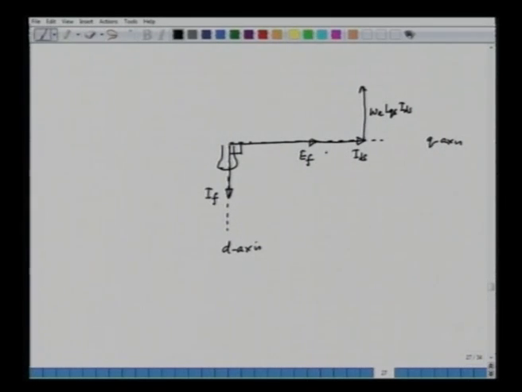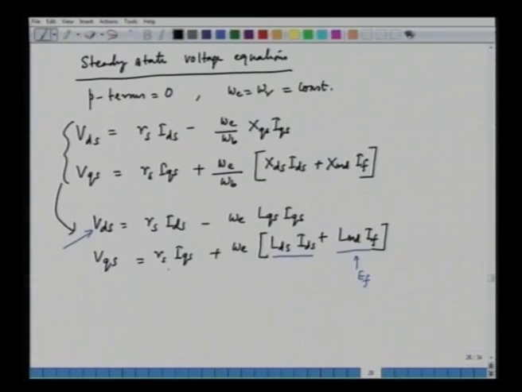So, we have omega E into LDS, and here we can add the resistance drop. The resistance drop in the q axis is RS into IQS.